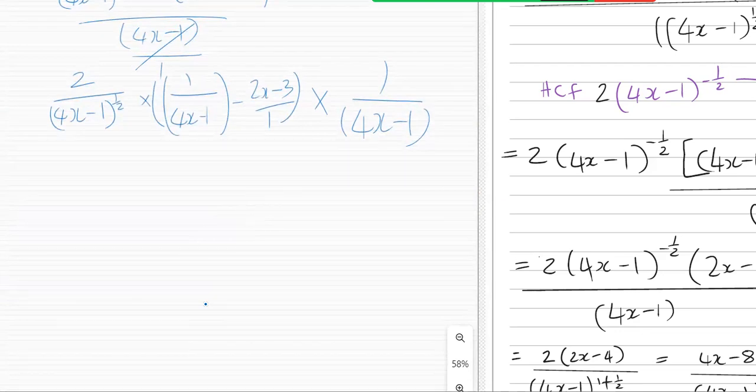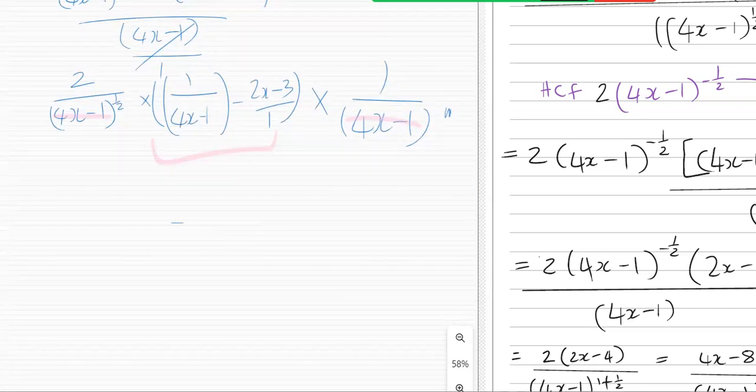So, wow. 4x, that's to an invisible one. So now we have a like denominator over here and a like denominator over here. So we just need to get a denominator over here that's the same. So I'm going to do that.